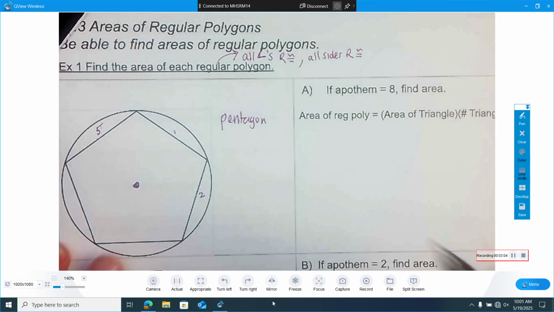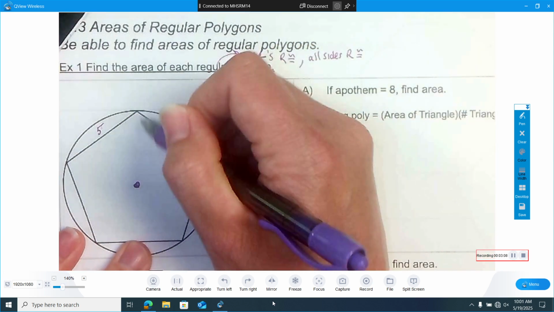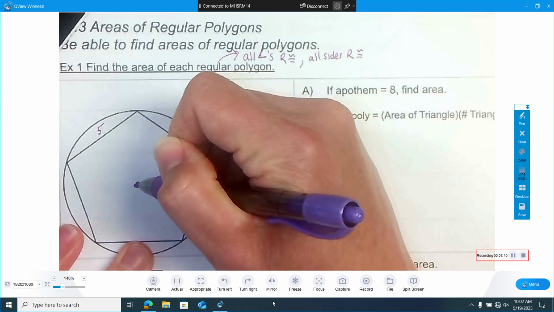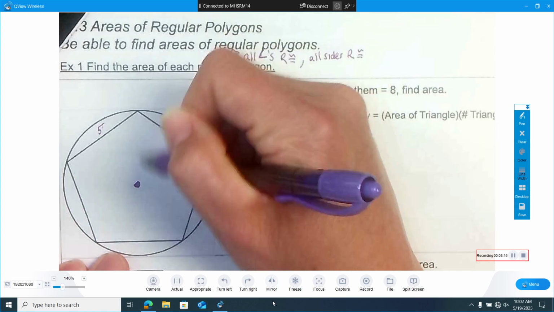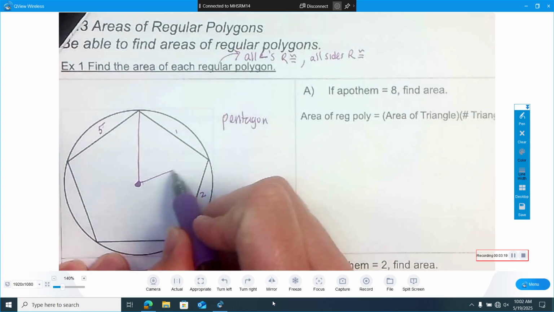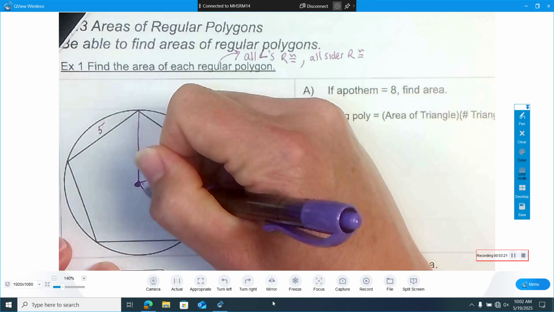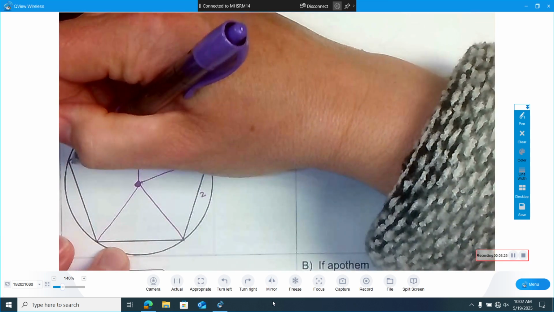And so first is that I have so many sides. What I would like to be able to do is figure out, you know what I see when I look at a polygon? I see lots of triangles. Do you see lots of triangles?